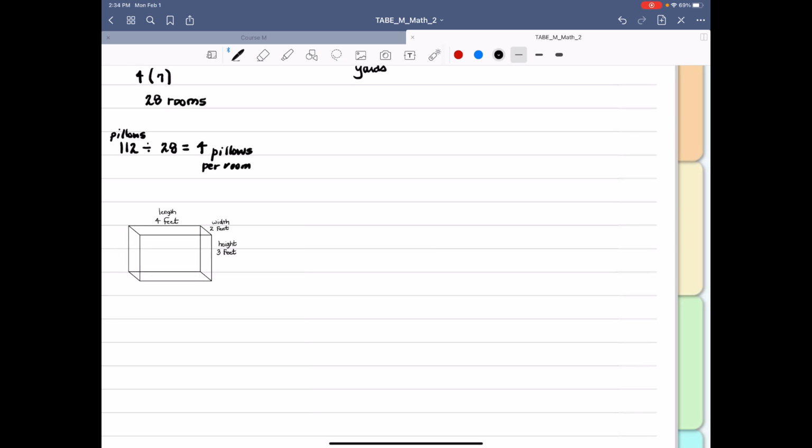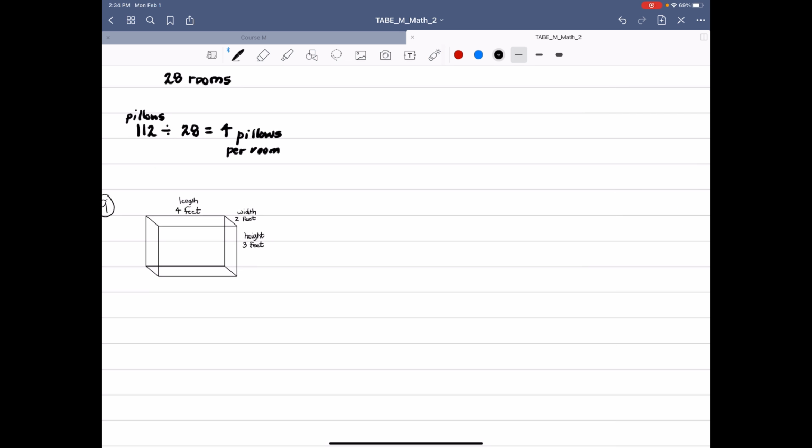Okay, now let's copy the formula. Just write it down. Don't worry about what it's saying. SA means surface area equals 2 times LW plus LH plus HW. Okay, so here we go. Surface area equals 2, and let's make some brackets here.